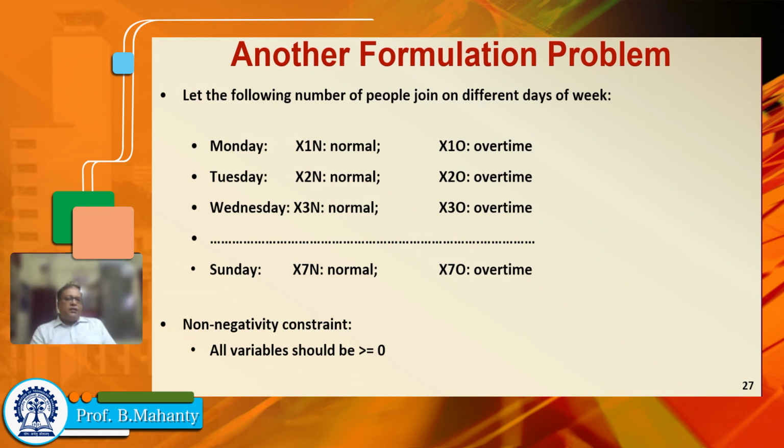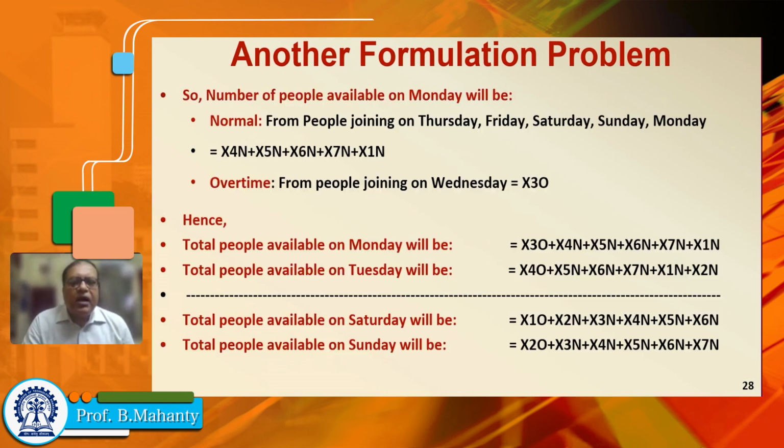The other way of going is that we assume that when we talk about X1 normal, this normal includes the overtime part also. So you see what we have done: when we say X1N, this X1N includes X1O. That means the total number of people of X1N, whoever is joining on Monday, out of them only a few are working overtime. So that X1O part, they are available on Saturday.